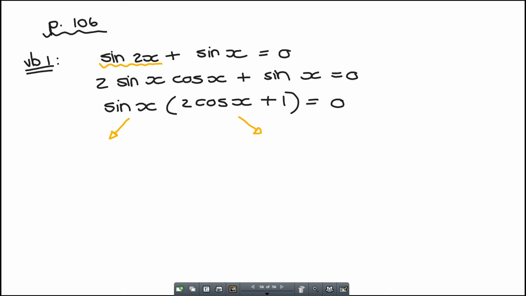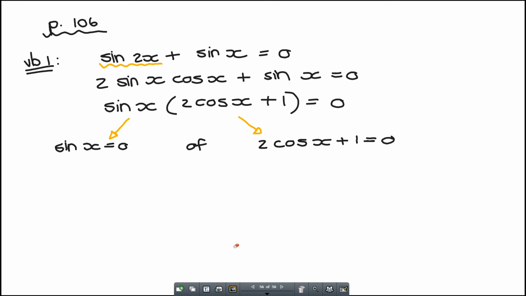Nee. Okay, so dis wat ons hier gaan doen. So dan gaan ons sê sin x is gelyk aan 0 of 2 cos x plus 1. Jy sal sien dat dit net hierdie stappie in by die handboek nie.